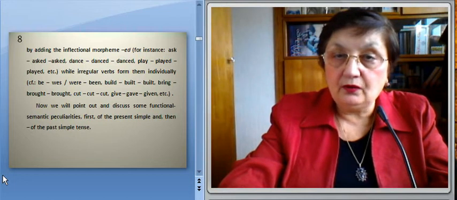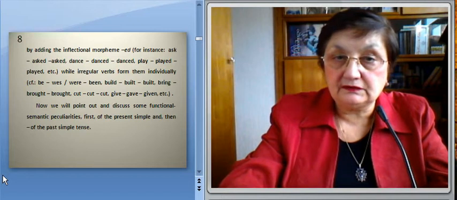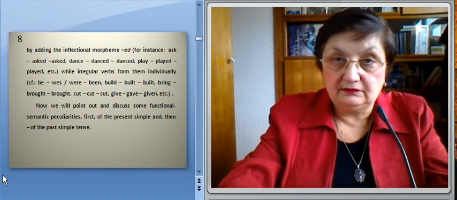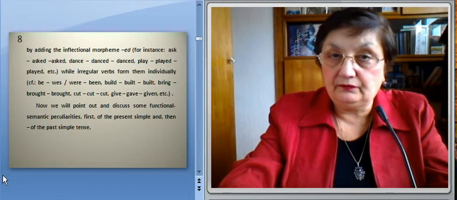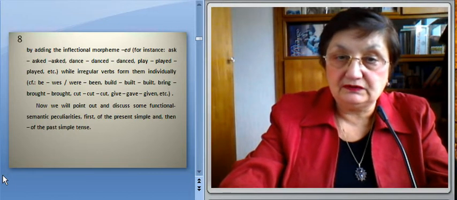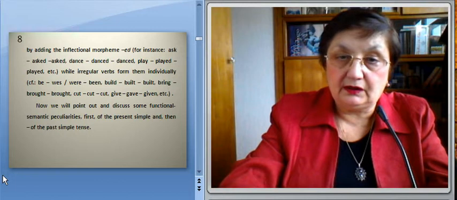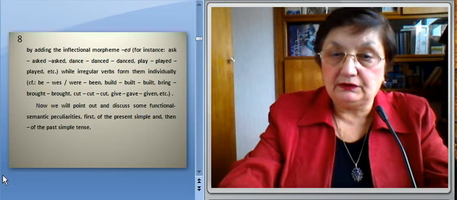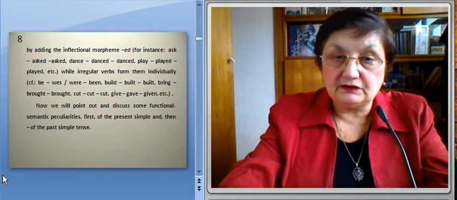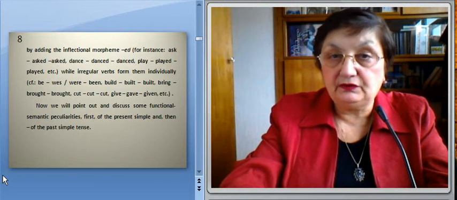For instance, regular verbs are ask, asked, asked; dance, danced, danced; play, played, played, etc. Irregular verbs, for instance, are be, was/were, been; build, built, built; bring, brought, brought; cut, cut, cut; give, gave, given, etc. Now we will point out and discuss some functional semantic peculiarities, first of the present simple, and then of the past simple tense.